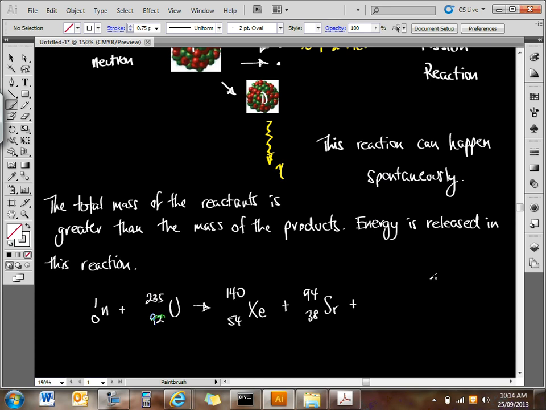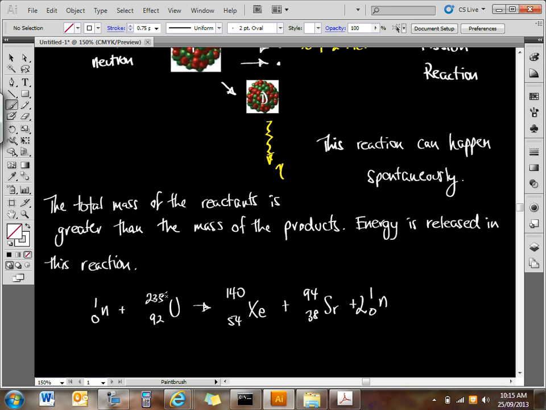Plus 2 neutrons. Now, actually, don't put those last bits on there. We're only interested at this point in this reaction here.